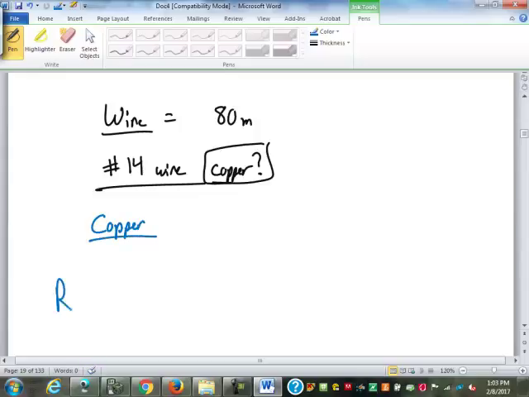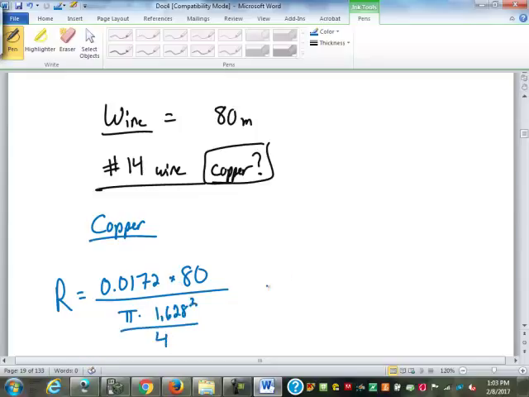Well, the resistance is going to be the resistivity of copper, 0.0172, times that length of 80 meters, over pi times the diameter. Number 14 is 1.628, squared, and then of course over 4.